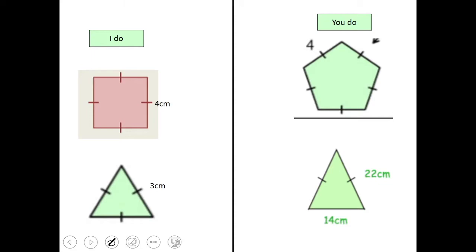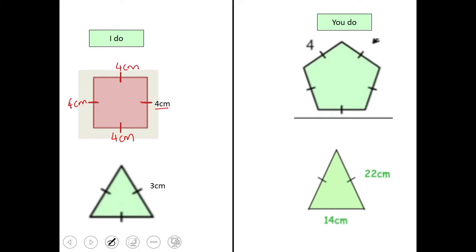So now here we've got a square, and remember last time we talked about these lines and how they represent that all the sides are the same. So now we know this anyways, because we know that for a square to be a square, all the sides need to be equal. So if this side is 4 centimeters, we know this side will be 4 centimeters, this side will be 4 centimeters, and this side will be 4 centimeters.